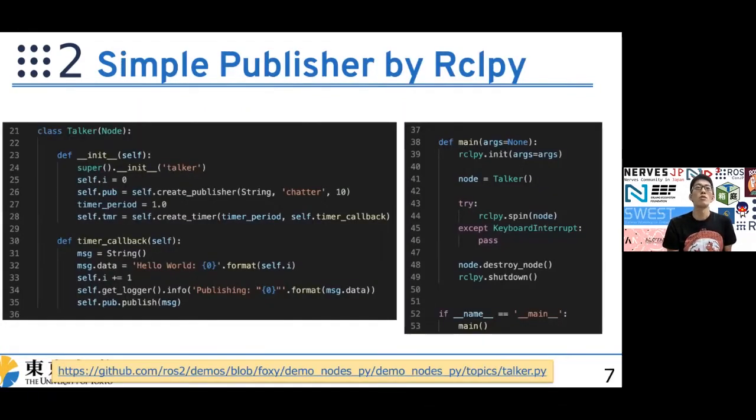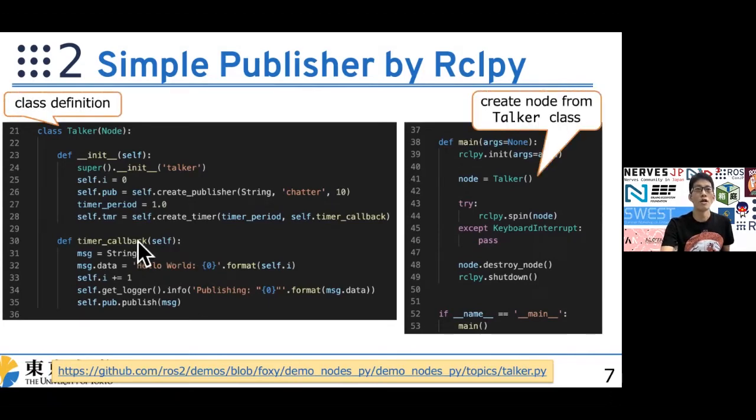Okay, how does ROS work? Let's see the example code. This can help your understanding of robot programming with ROS2. This is a simple publisher node implemented with RCL-Py. In RCL-Py, the behavior of a ROS node is developed as a class.